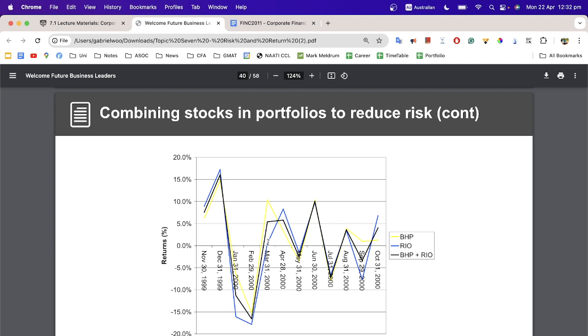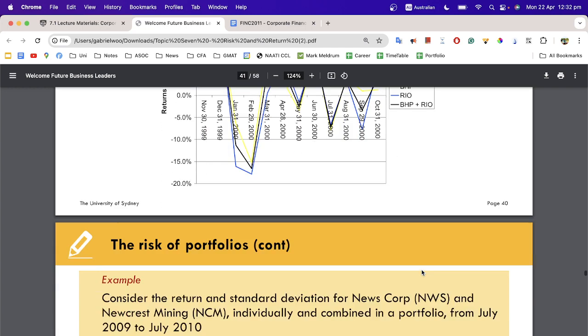And as the price of iron ore fluctuates, revenue will fluctuate, which means earnings will fluctuate. And if earnings fluctuate, the stock price would fluctuate. So therefore, these two companies, because their business practices and business is really correlated, the benefits of diversification are less likely to be seen. Okay.